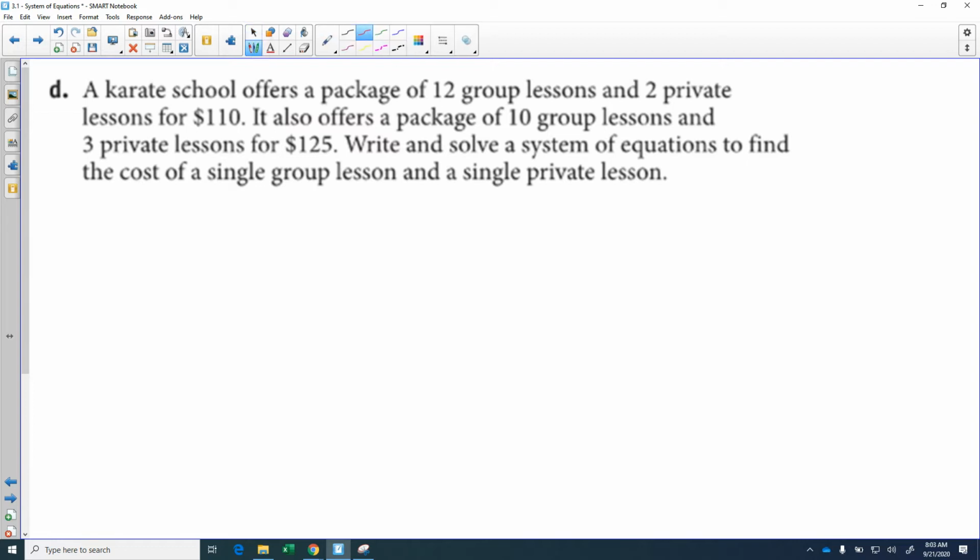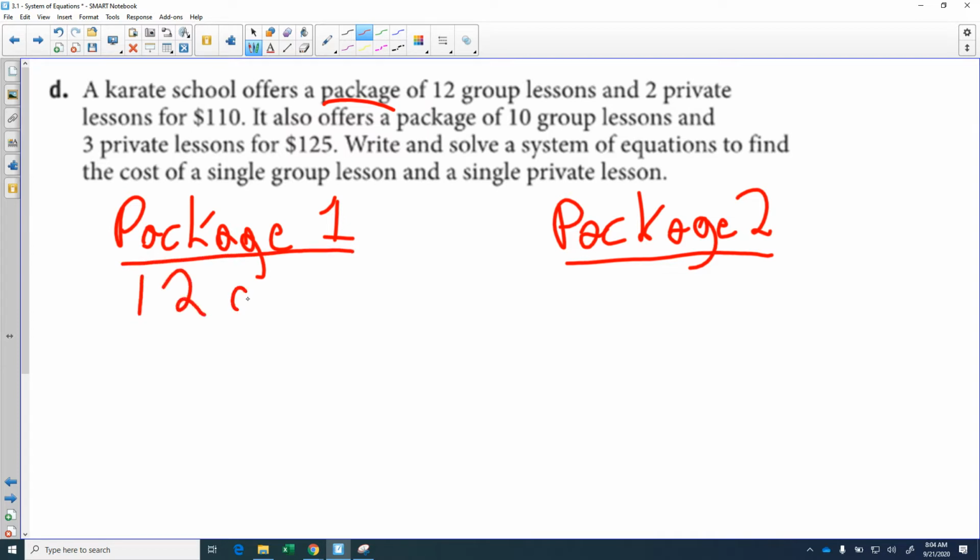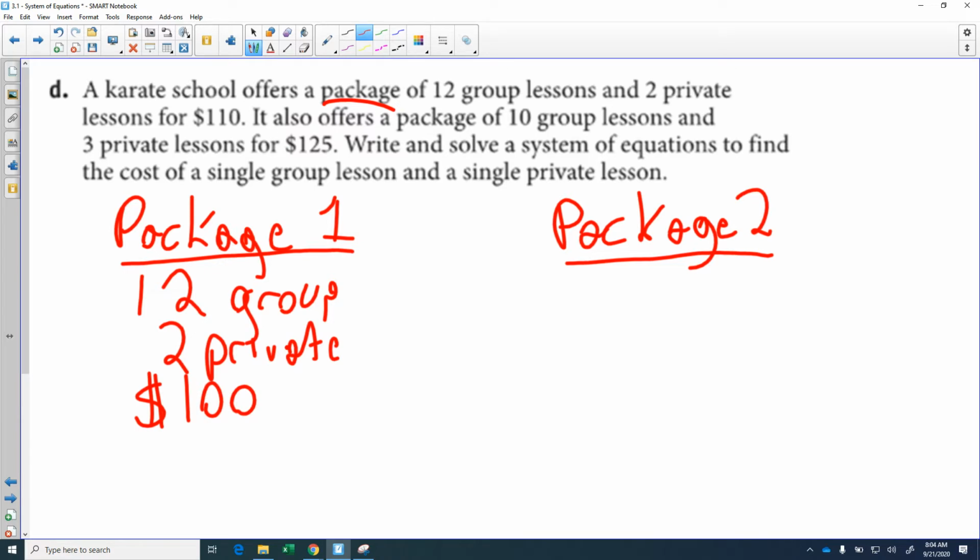So when I read this problem, I see 2 big things here. We have 2 different packages, right? So I'm going to say package 1 and package 2. Let's just break it down into 2 different parts. In package 1, we have 12 group lessons, 2 private, and that costs $110.